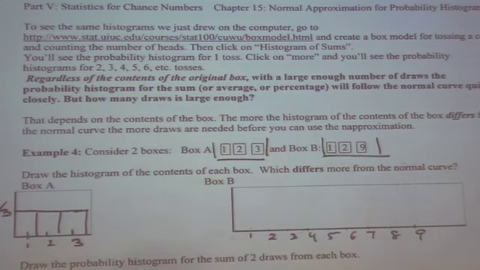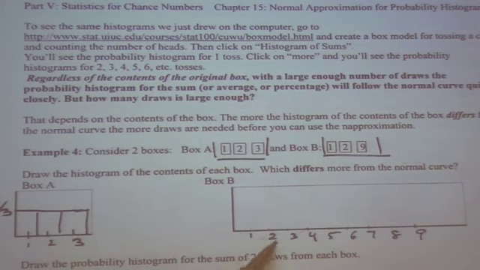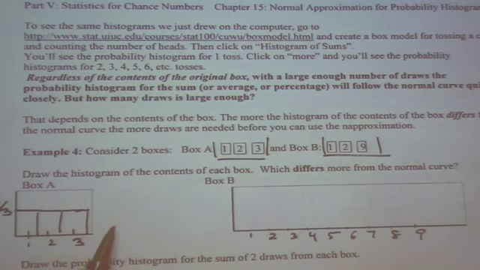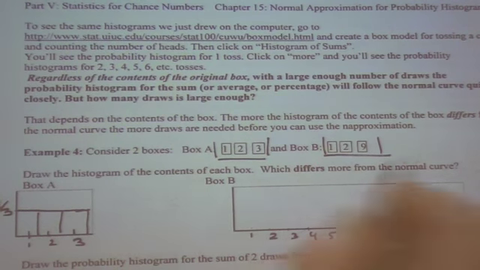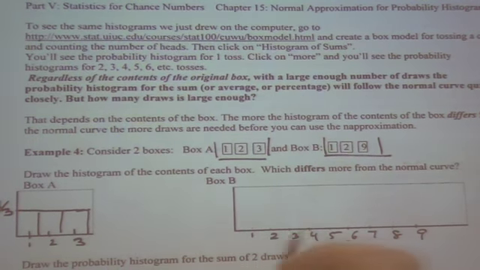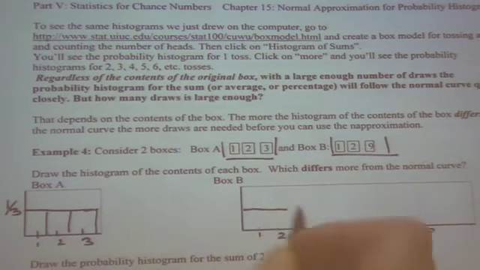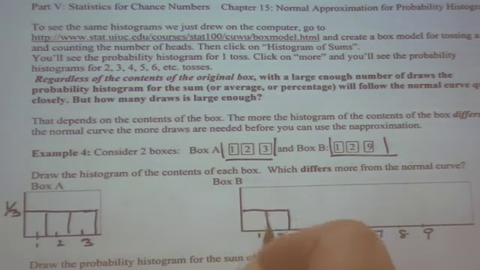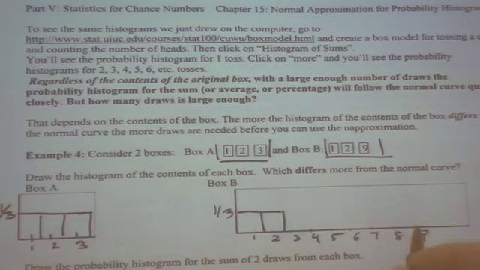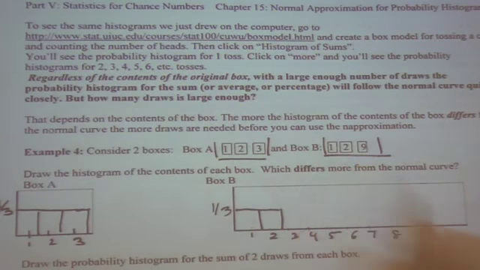I can't just substitute the 9 right here and say 1, 2, and 9 and make the histogram look the same way. All right, so now we have 1, 2, all the way up to 9, and the first two blocks are going to look exactly like our histogram on the left. A 1/3 chance for each. But now, look how far out the 9 is.